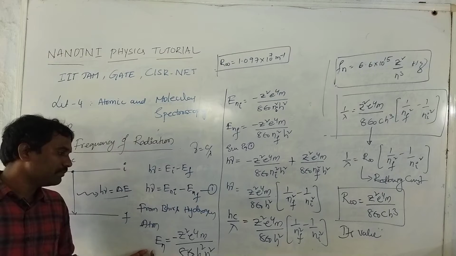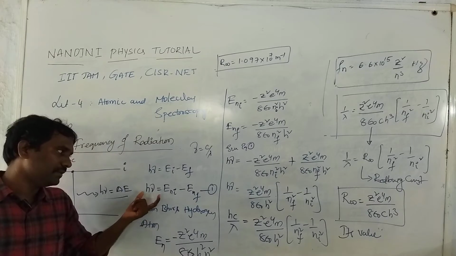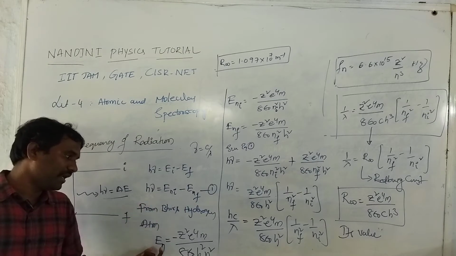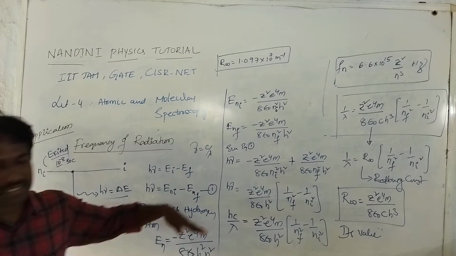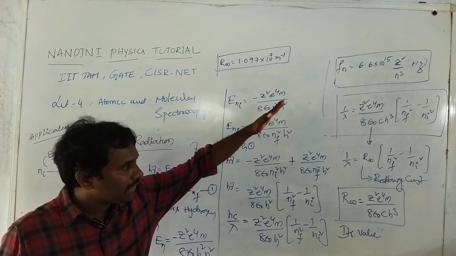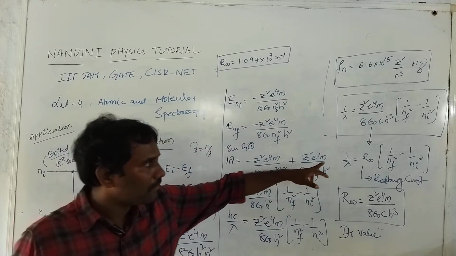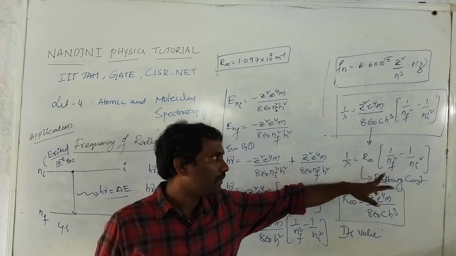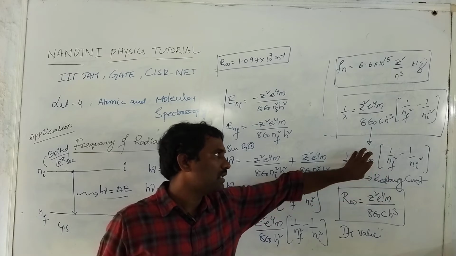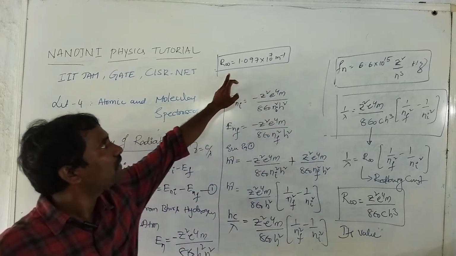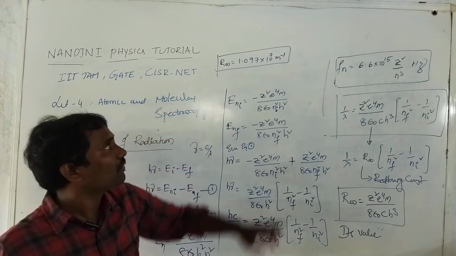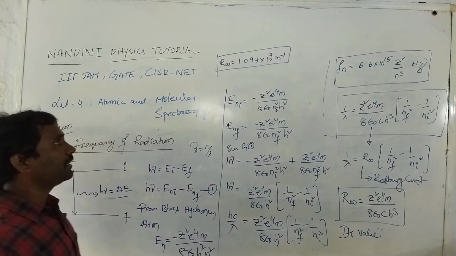From this equation I substitute the value of the energy according to the Bohr hydrogen atom, minus z square e power 4 m divided by 8 epsilon naught h square n square. Finally I get 1 by lambda equal to R infinity into 1 by nf square minus 1 by ni square. This R infinity term represents the Rydberg constant, and its value is around 1.097 into 10 power 7 meter inverse.